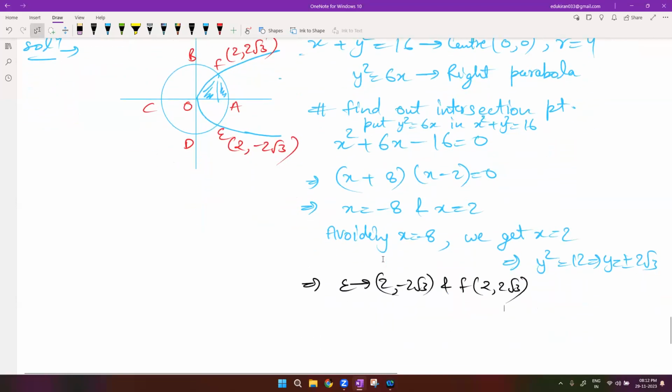Chaliye. So first of all, let's write the important points. So what is the required area?